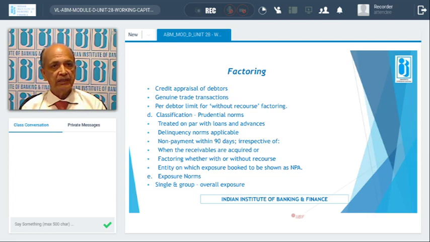In the case of without recourse, as per the policy, most banks will fix a per party limit, a per debtor limit, so that unnecessary exposure and concentration risk can be avoided. With recourse, the risk is on the assignor, so that problem won't be there. But without recourse, it should not bounce on the bank. So the per debtor limit would be fixed.